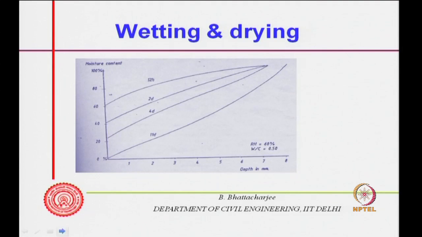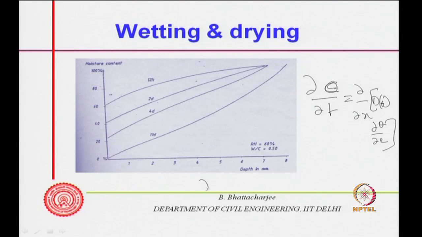Now, moisture diffusion or moisture movement can be expressed through what is called the Richards equation, which you have not looked into here at the moment. It can be written like this: d theta dt, where theta is the relative moisture content, equals del dx of D, which is a function of theta, into d theta dx.